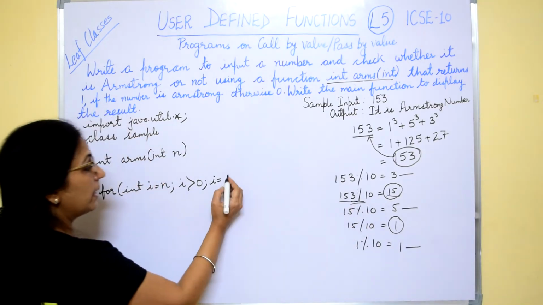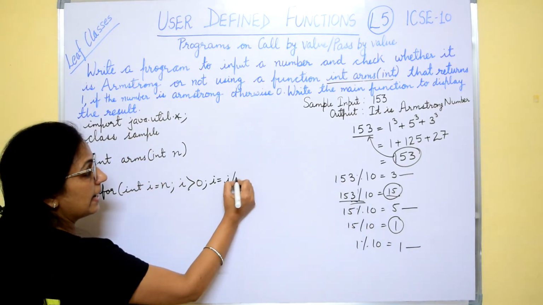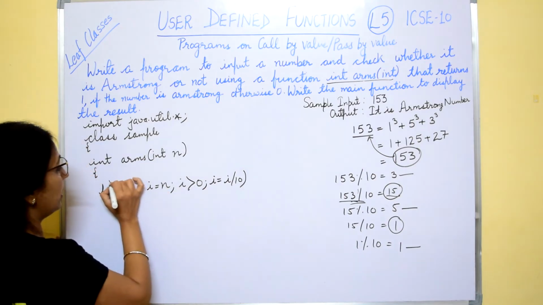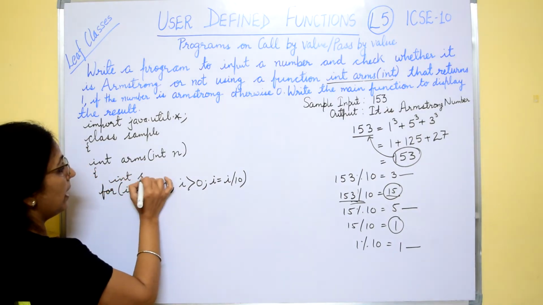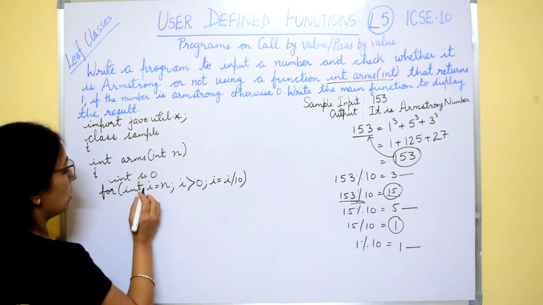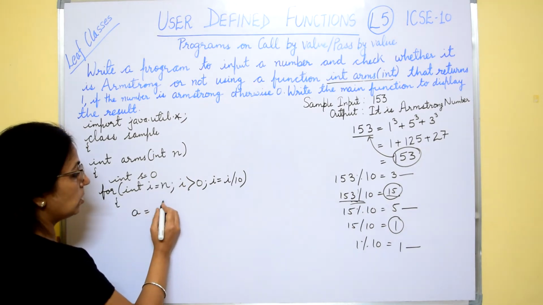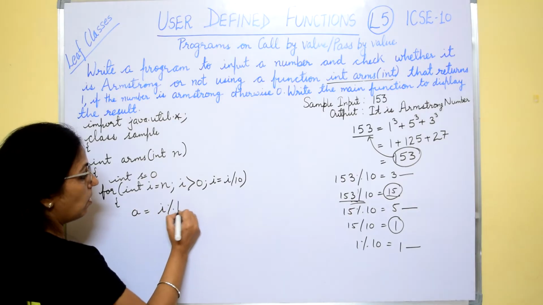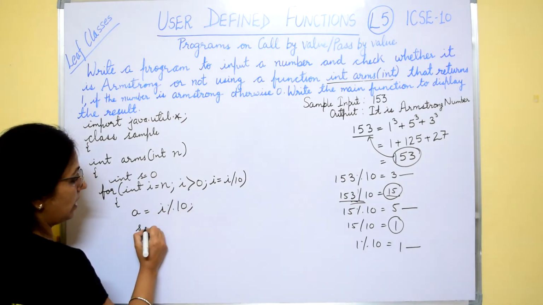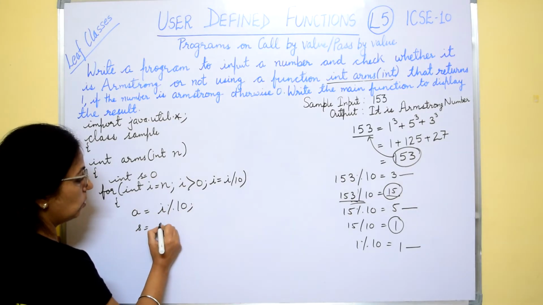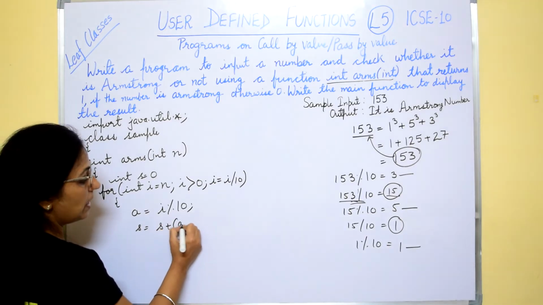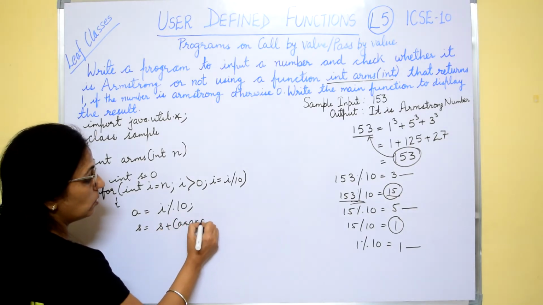Number divided by 10, so i slash 10. And here we can take a variable s equal to 0. Now here you will take a = i mod 10 and s = s + a into a into a.